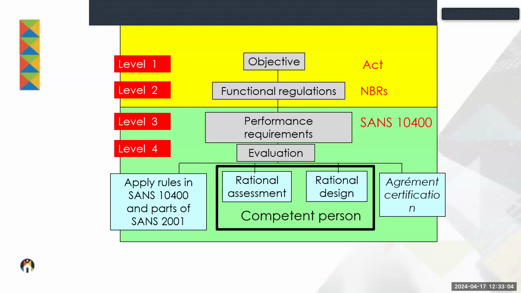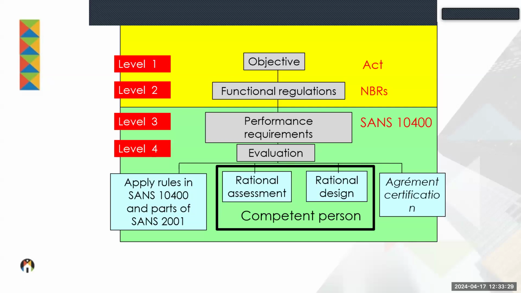So rational design must comply with the performance requirements as set in the standard, because you can't just leave it open for anybody, because then anybody can design whatever he wants and just call it a rational design. So you must still show compliance with the minimum requirements, but through different processes, which he then has to prove that he does.